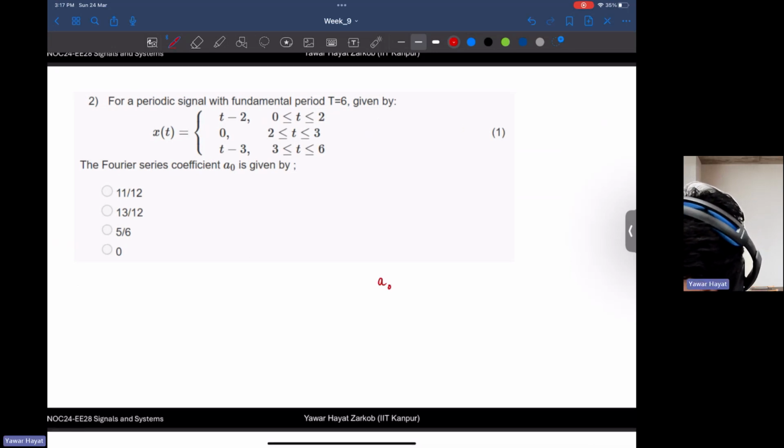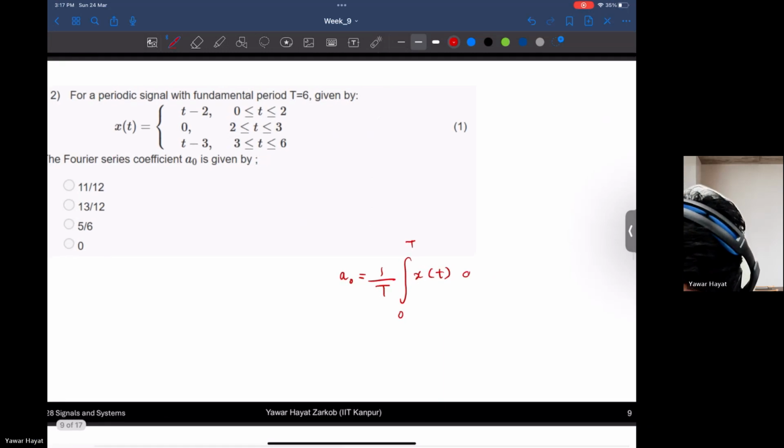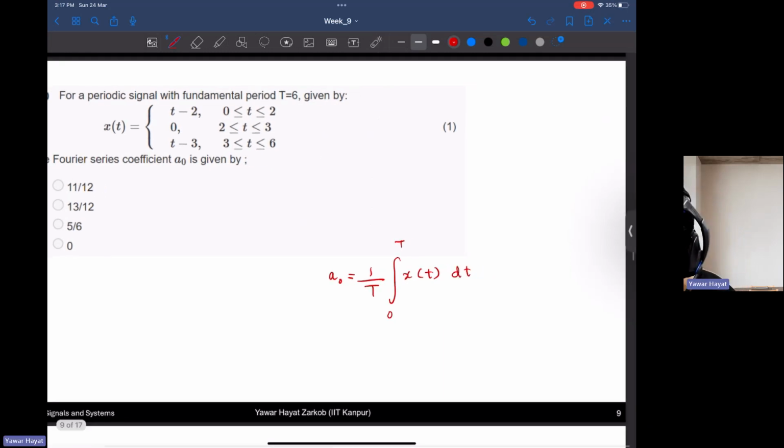We saw just before that the expression for A0 would be 1 over t, integral over any time period t, I'll take the 0 to t interval, x of t dt.